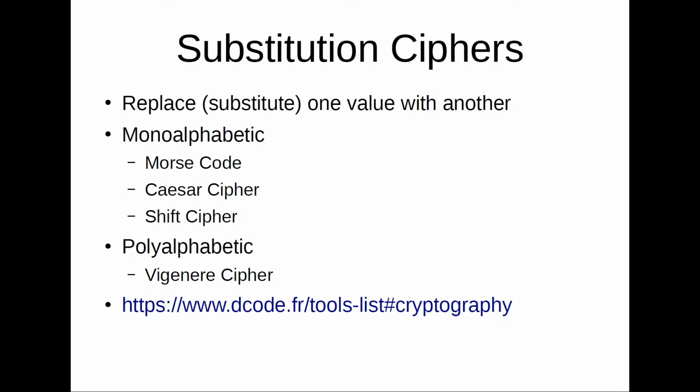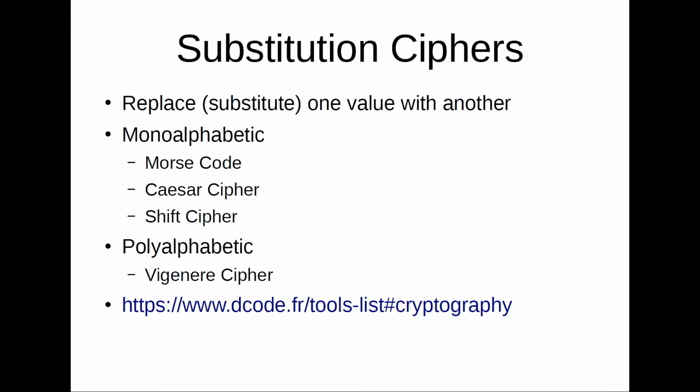And the simplest form of that is monoalphabetic ciphers, where each input corresponds to a single output, and each output also corresponds to just a single possible input. And some basic examples of substitution ciphers are Morse Code, Caesar cipher, and then the more generalized form, shift ciphers.